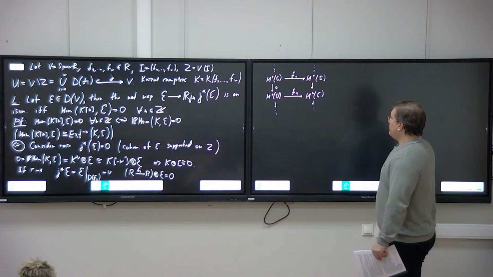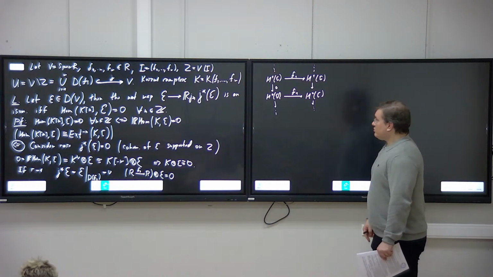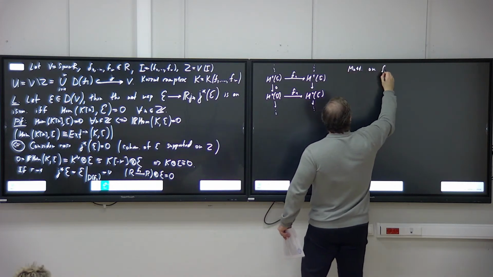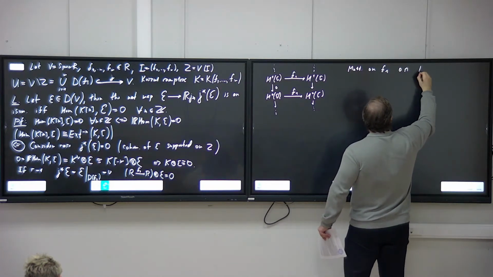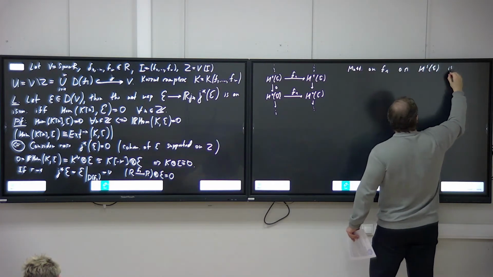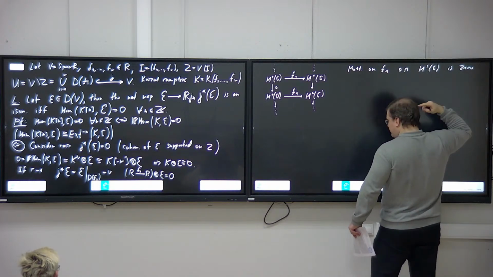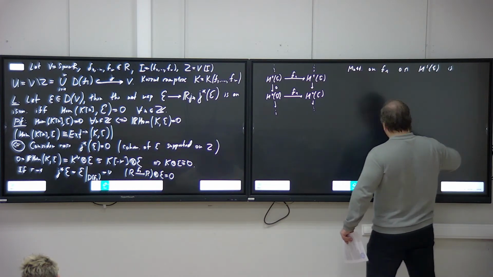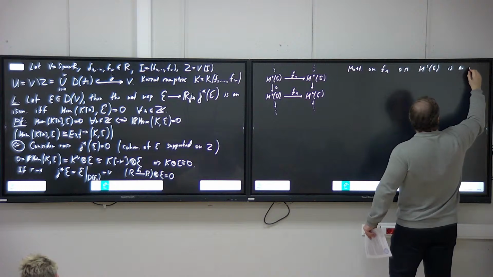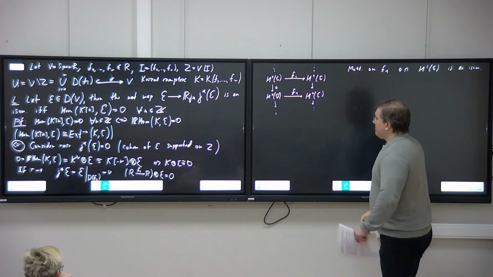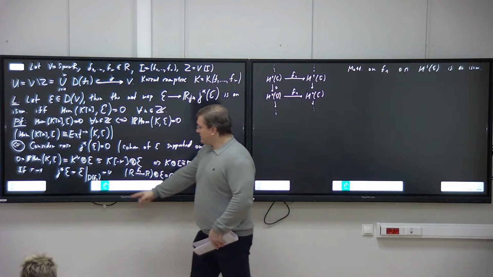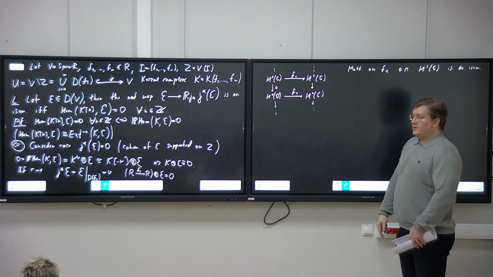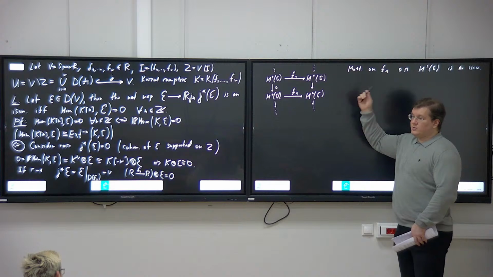But we know that the spectral sequence converges to 0, and that's only possible if the multiplication by f on H^i(E) is an isomorphism. To get zero cohomology, this has to be an isomorphism. But we know by this condition that all the cohomology we have here is I-torsion. So it means that f has to be nilpotent.